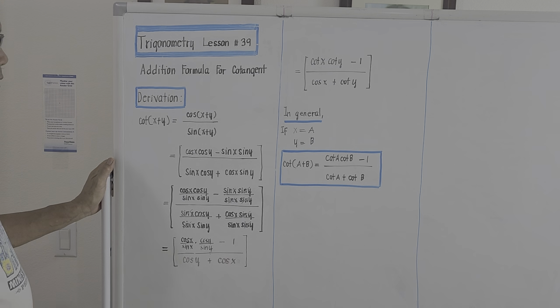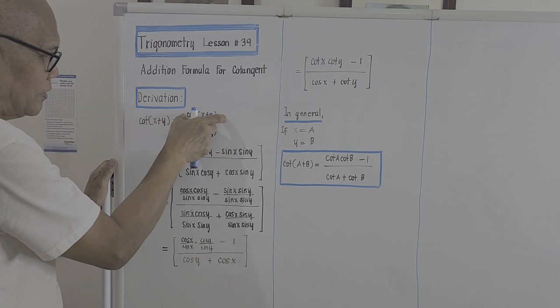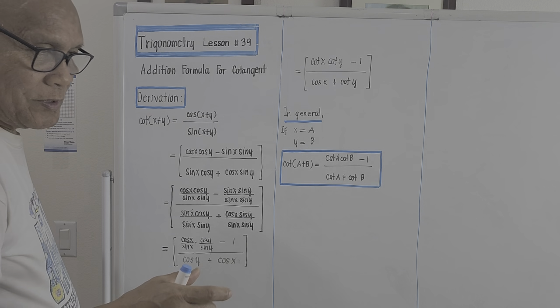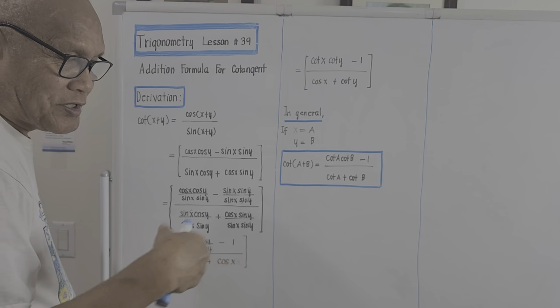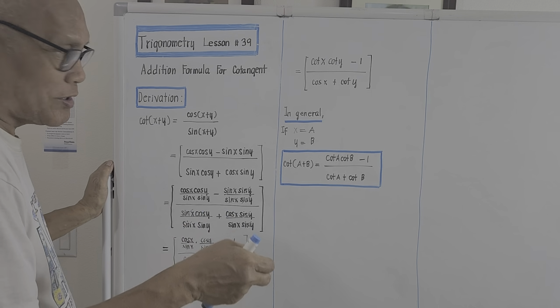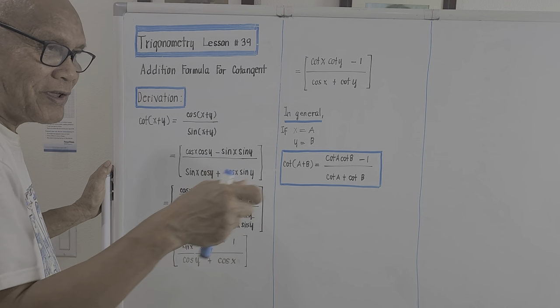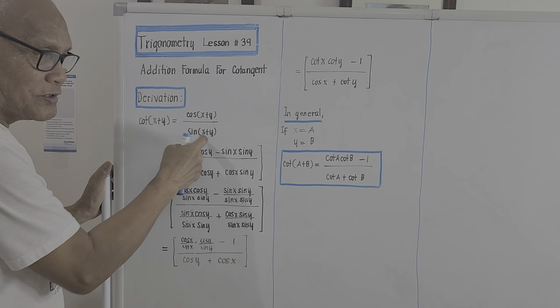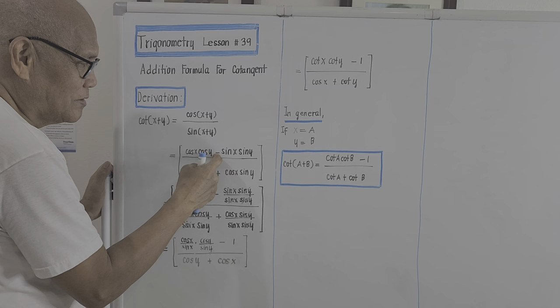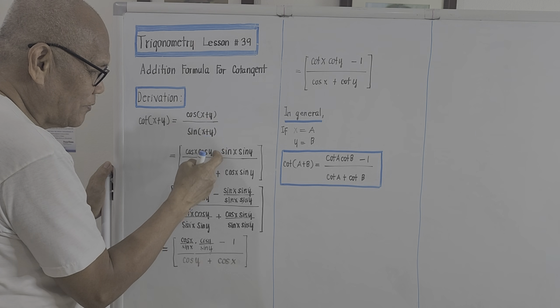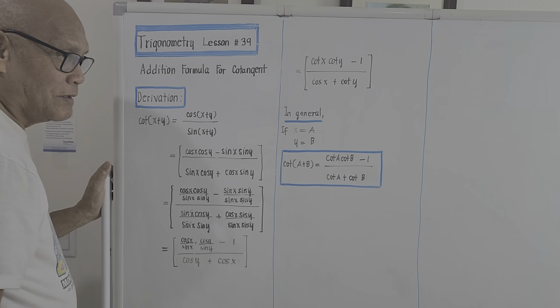Okay. Let's try to expand the cosine of x plus y. Under the expansion of the cosine of a sum, it is actually cosine cosine minus sine sine. So this is cosine cosine minus sine sine. If this is plus, this should be minus for a cosine.